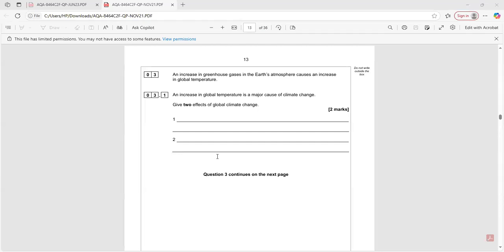What do greenhouse gases do? They trap heat in Earth's atmosphere. Okay, yes. They trap the heat that's radiated by the Earth's surface.